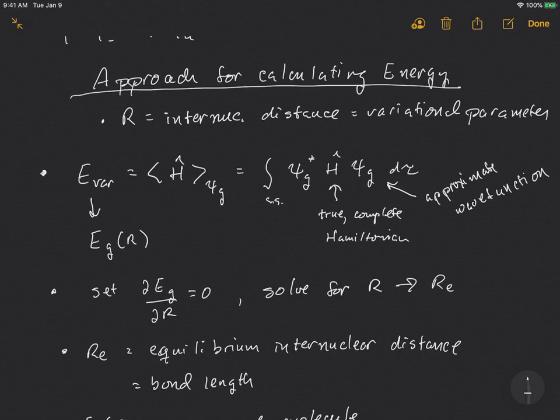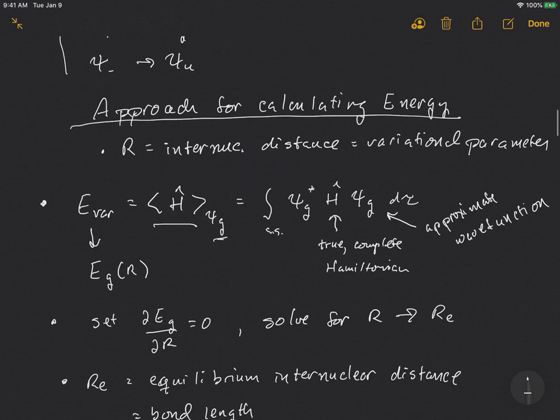And our variational energy here is given by the expectation value of the Hamiltonian for psi g. And to evaluate that, we calculate this integral, psi g star H psi g.